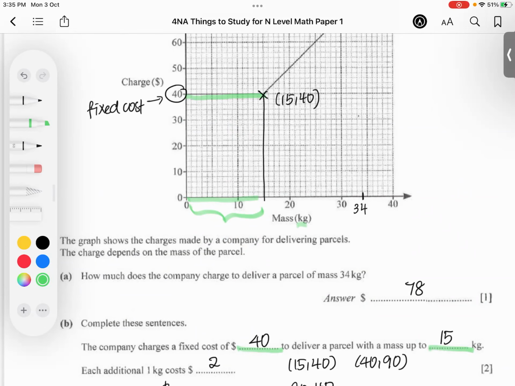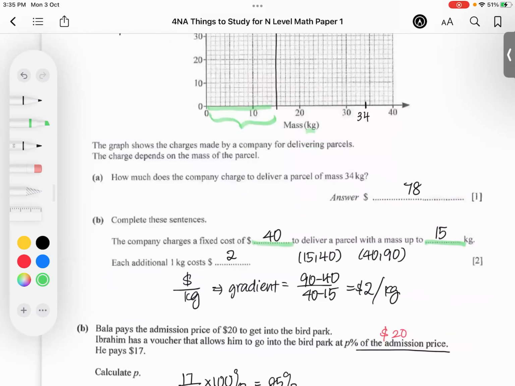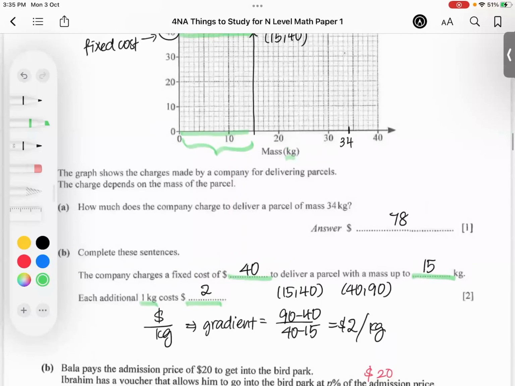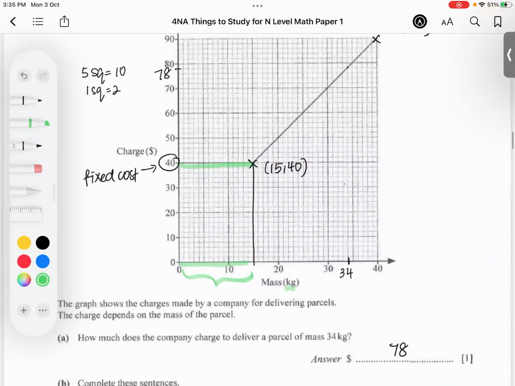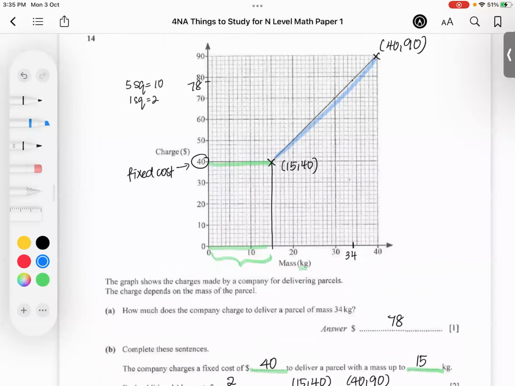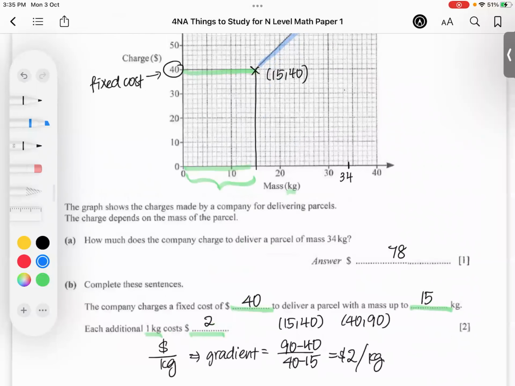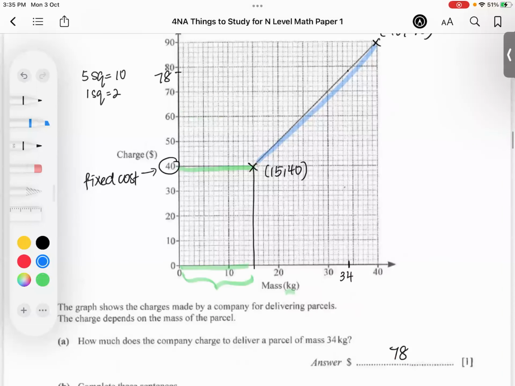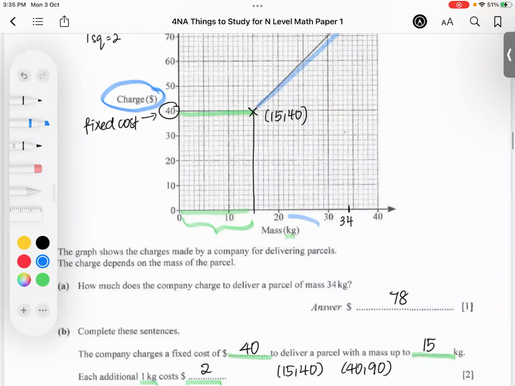Next, the next part they ask you: additional cost per kg. Additional cost is when the graph starts to go upwards. So this is my additional cost. How do I know how to find this? This is dollar per kg. My y-axis is in terms of money, x-axis is in terms of kg.